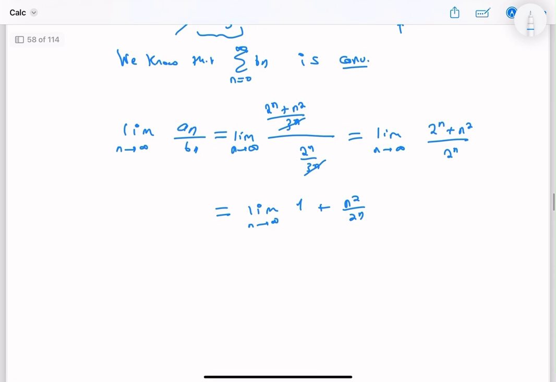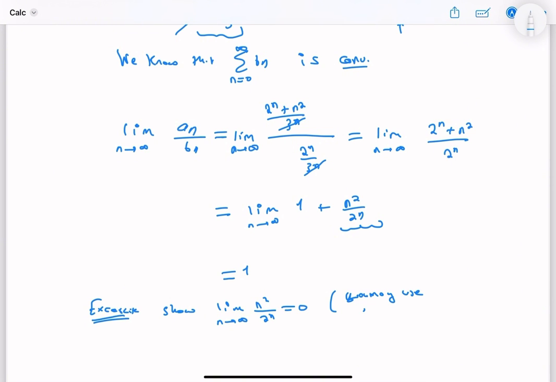So the limit of 1 is 1, and the limit of this other term is 0. As an exercise, just as in the previous exercise, show that the limit of n squared over 2 to the n as n tends to infinity is equal to 0, and you may use, for example, L'Hopital's rule.